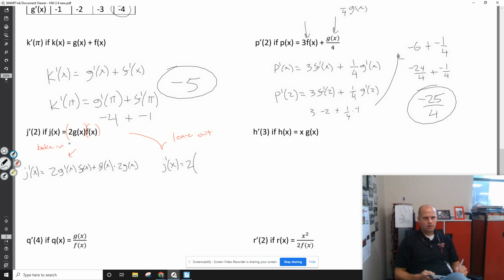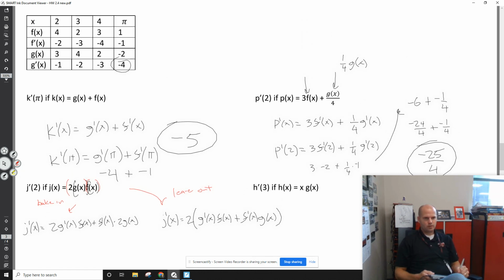Worry about it later. And then treat this as a product of g and f. And you can see these two are the same. This, the 2 is baked in. It's already distributed in. This one, you would have to distribute maybe now or later. Whichever way you do it, I don't care. Just do it correctly.